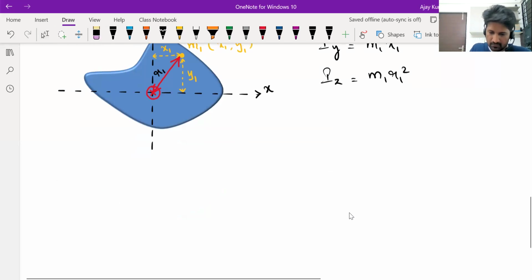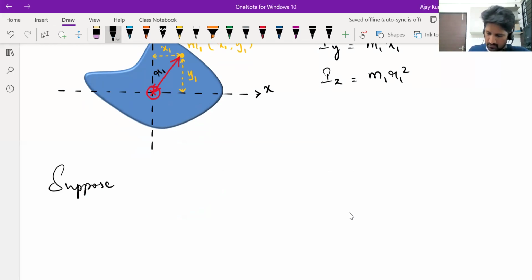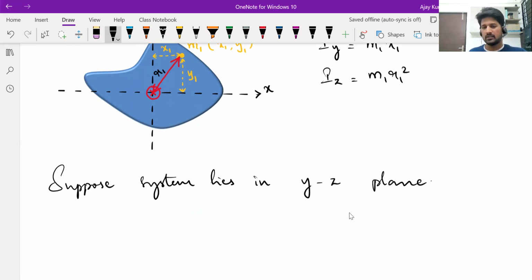Suppose the system lies in the YZ plane. Then the formula will be Ix is equal to Iy plus Iz.